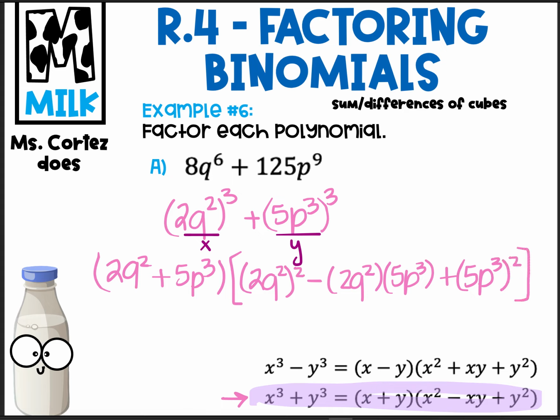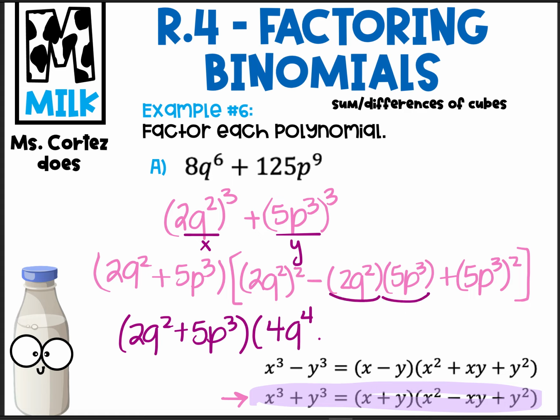And then I will simplify. The first term stays the same, 2q squared plus 5p cubed. 2q squared, I'll do it by parts. 2 squared is 4. q squared is q to the 4th power. Then these, 2 times 5, I'll keep the negative, 2 times 5 is 10. q squared p cubed just stays the same.